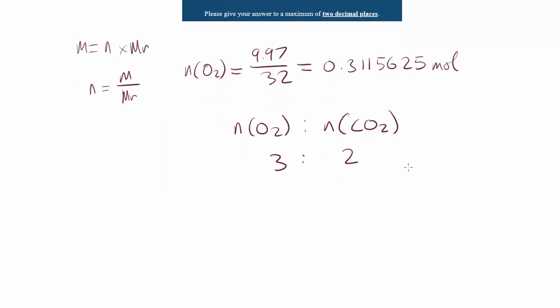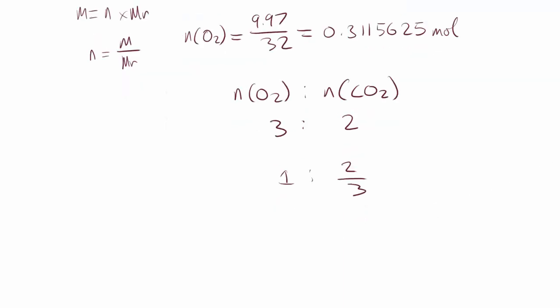Now, if we get the left-hand side to 1, which we can do by dividing both sides by 3, we get 1 on this side, and on this side we have 2 over 3. What does this tell us? For every 1 mole of oxygen, O2, we get 2 over 3 moles of carbon dioxide.